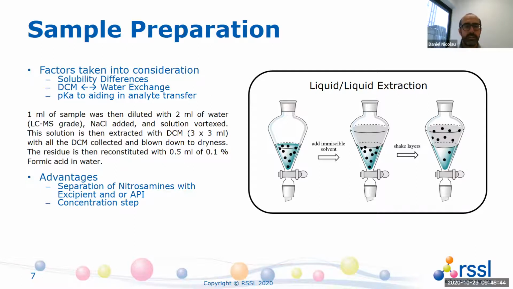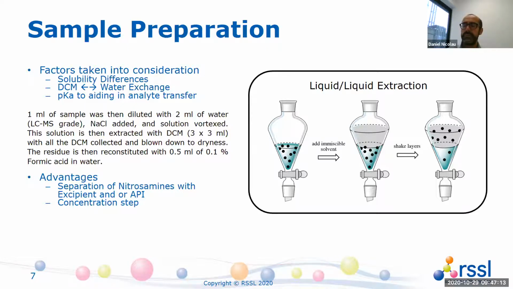I found a fantastic sample preparation for nitrosamines in rubber where they utilized liquid-liquid extraction using dichloromethane. And you'll notice that in literature that DCM is utilized frequently in extracting nitrosamines from various solid or liquid matrices. And this will just be an example. And utilizing that solubility difference.